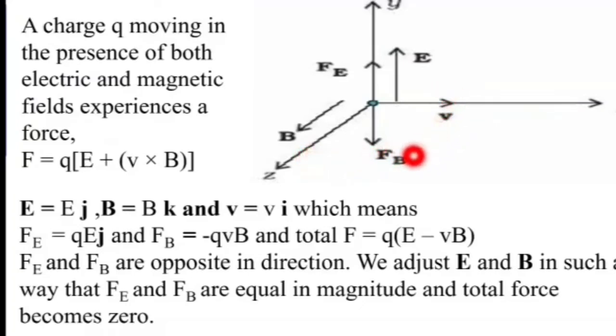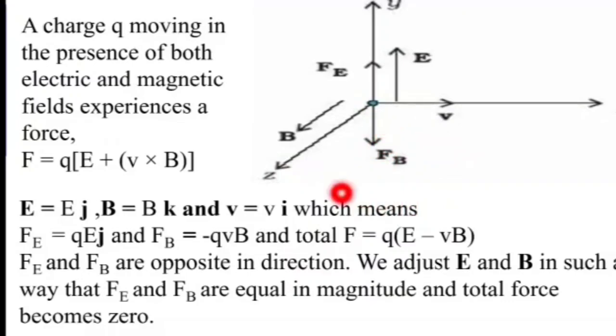If we use the right hand rule, keeping the four fingers from v to B, for the direction of the magnetic force, we take the direction of v cross B. We can obtain the direction of magnetic force using the right hand thumb rule, and it is obtained to be in the negative y-axis.